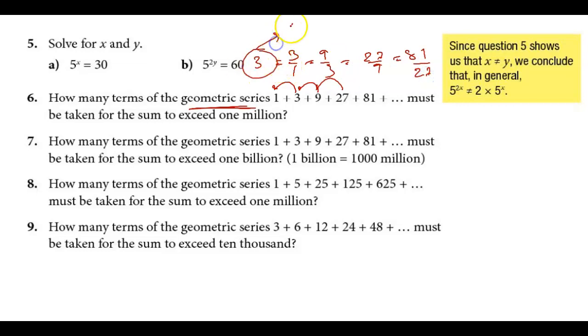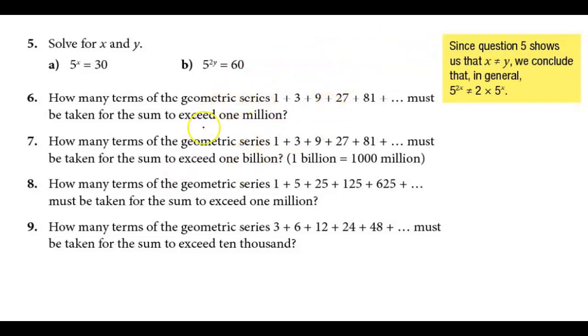The common ratio is 3. Okay, use that and use the formula Sn. Common ratio 3 is greater than 1, so your formula would be Sn equals a into r raised to power n minus 1 upon r minus 1, right?